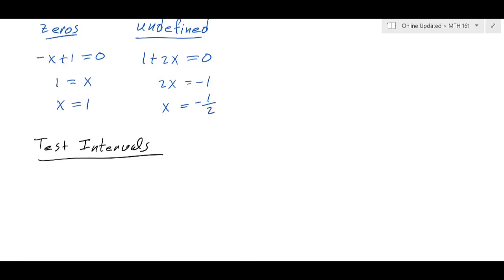All right, hopefully you paused the video and you tried to work this out on your own. Let's set up the intervals. We're going to go from negative infinity up to negative 1/2, and then from negative 1/2 to 1, and then from 1 to infinity.